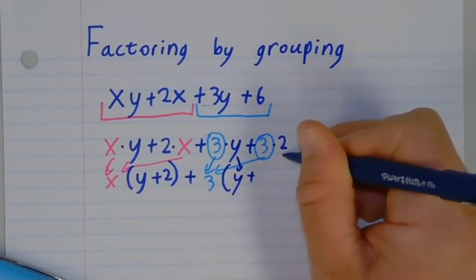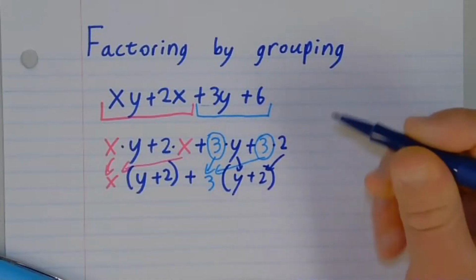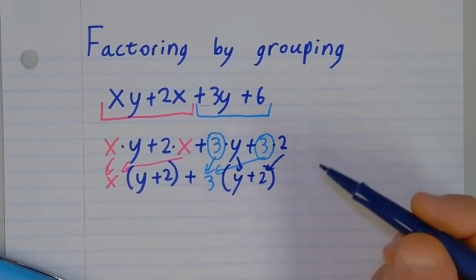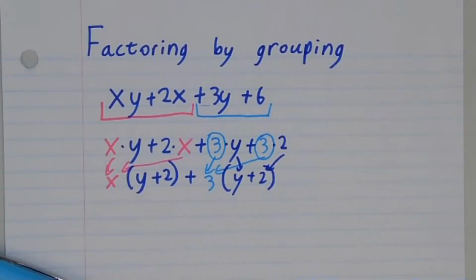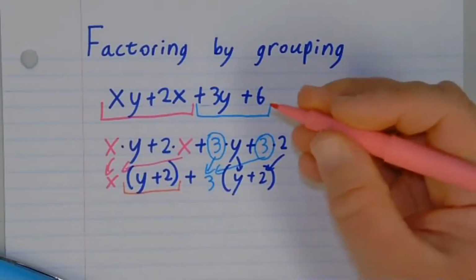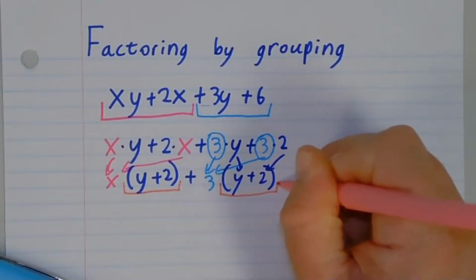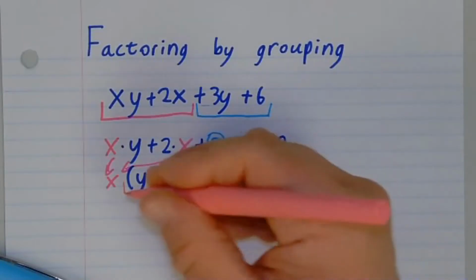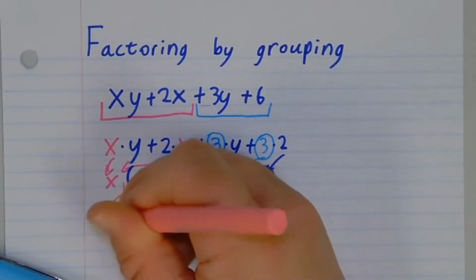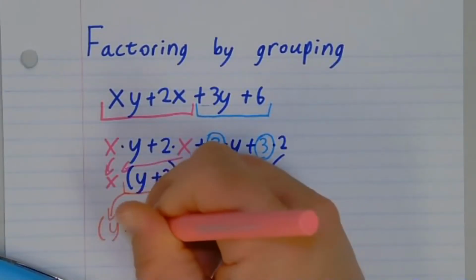And here, something cool happened. Now I have x times y plus 2 plus 3 times y plus 2. So I have a common factor here of y plus 2. So this is a common factor, and I can factor it out of each of those terms and get y plus 2.